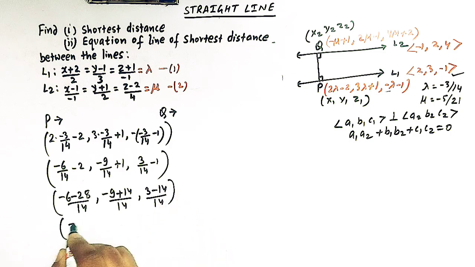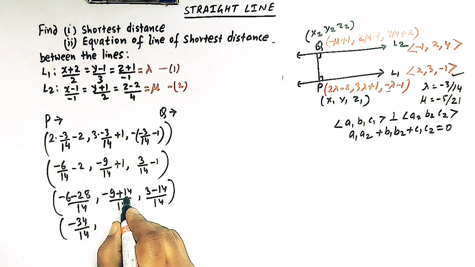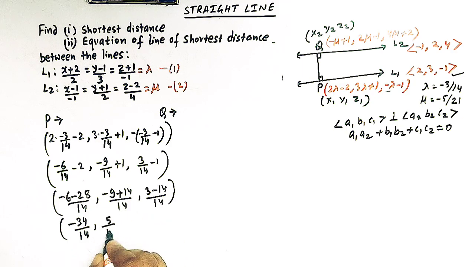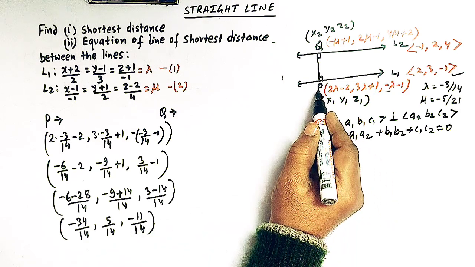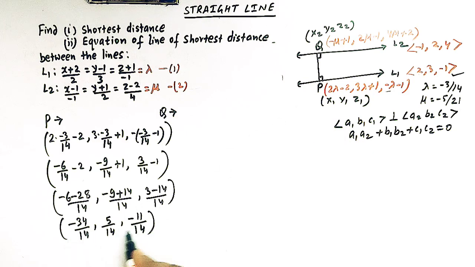That is minus 34 over 14, and this is 5 over 14, and this is minus 11 over 14. So the coordinates of the point P are given by minus 34 over 14, 5 over 14, and minus 11 over 14.